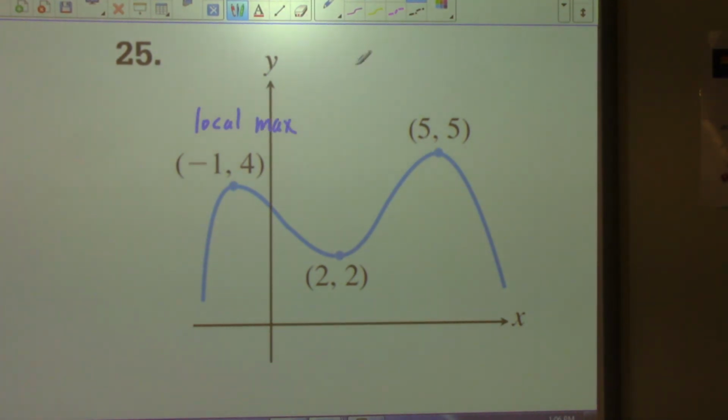Local maximum. Local minima equal valleys.